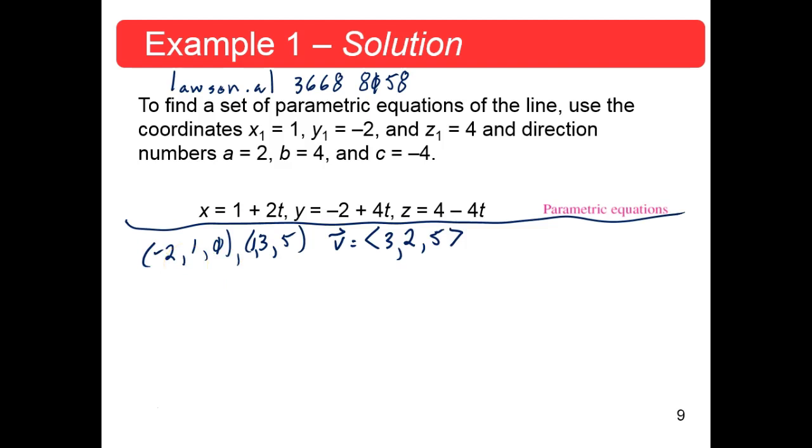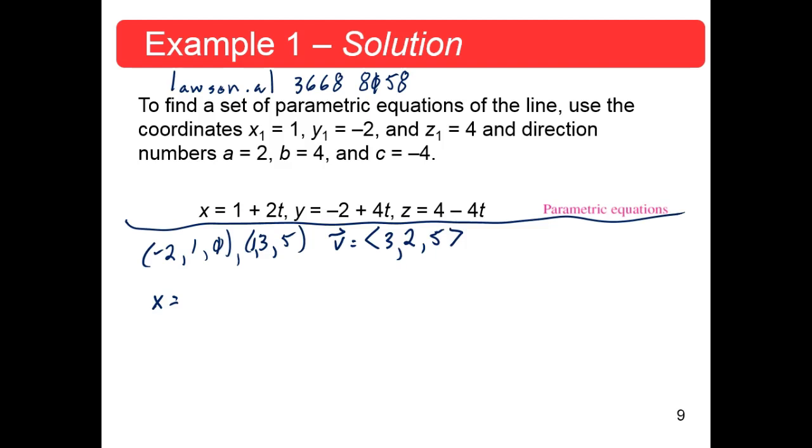Then to write the parametric equations, all you do is x, that's going to be your parametric equation for x, is going to be x equal, and you can do it either way.